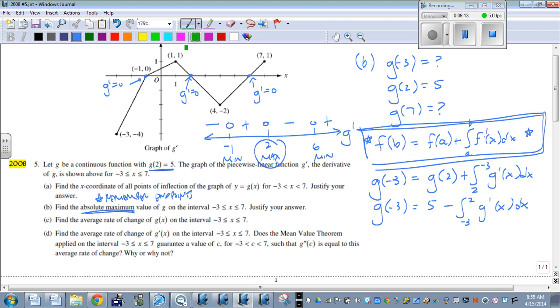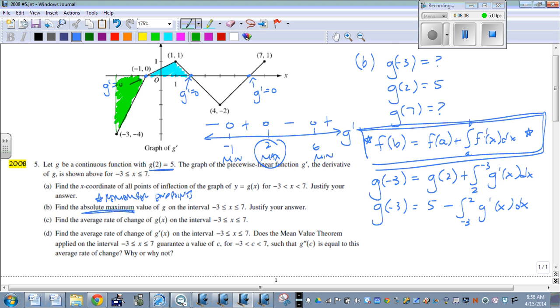So the area from negative 3 to 2. So we're looking at all of this and all of this. Right? Definitely from negative 3 to 2 means this area plus this area.